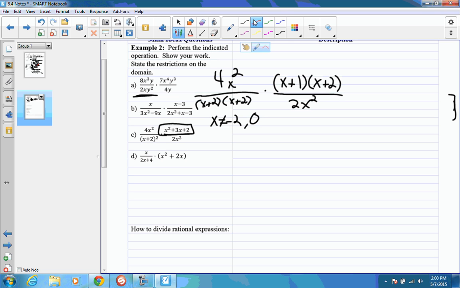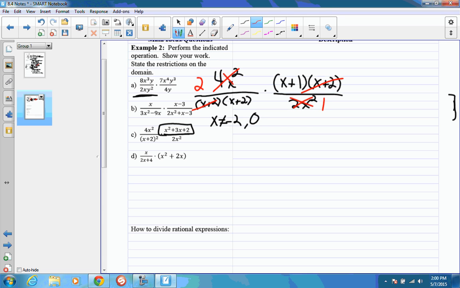Simplify. What's going to cancel? Ashton, what's going to cancel? X plus 2. Good, so an x plus 2 here and an x plus 2 here. X squared. Good, so these x squareds aren't going to completely cancel, but what are they going to become? That'll be a 1, and this will just become a 2.